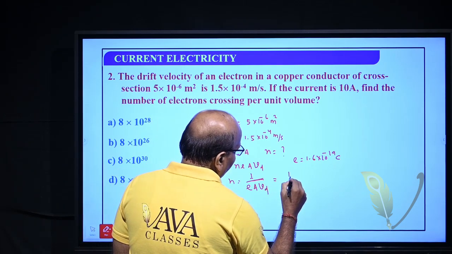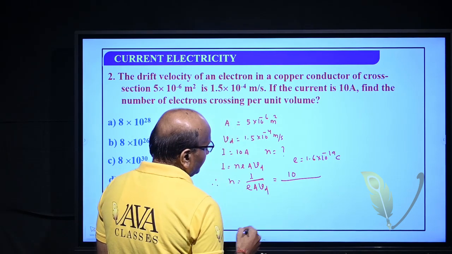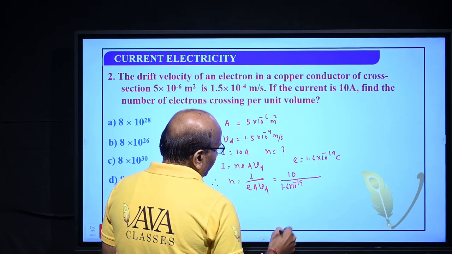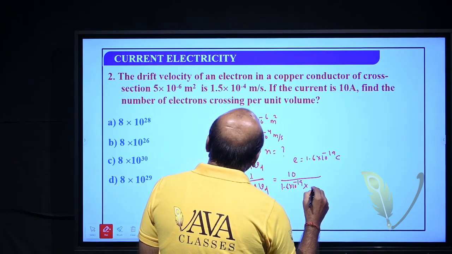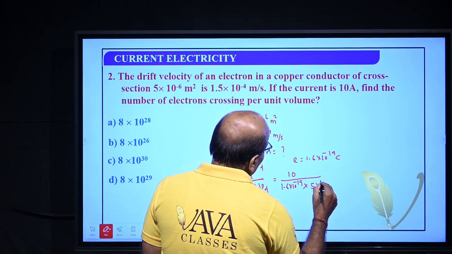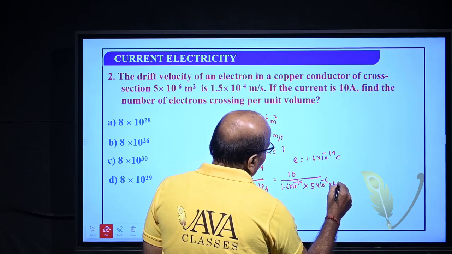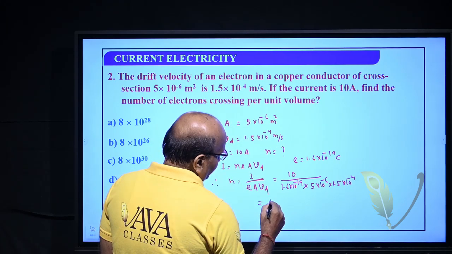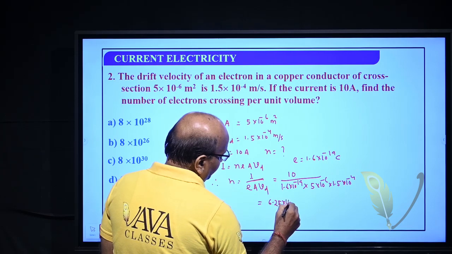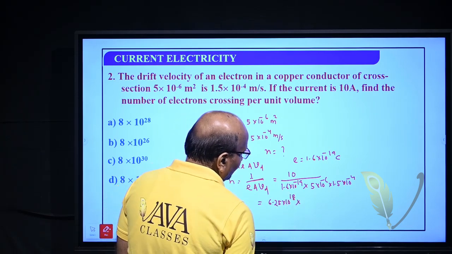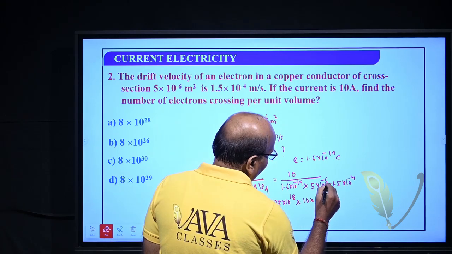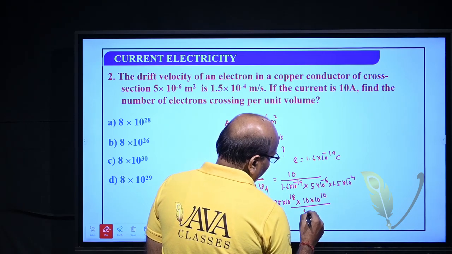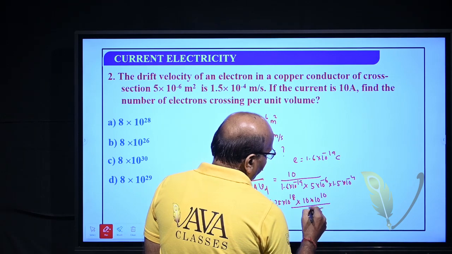So, current is equal to 10 ampere divided by 1.6 into 10 to the power minus 19 into area 5 into 10 to the power minus 6 into 1.5 into 10 to the power minus 4. It will be 6.25 into 10 to the power 18 into 10 into 10 to the power 10 divided by 5 into 1.5.